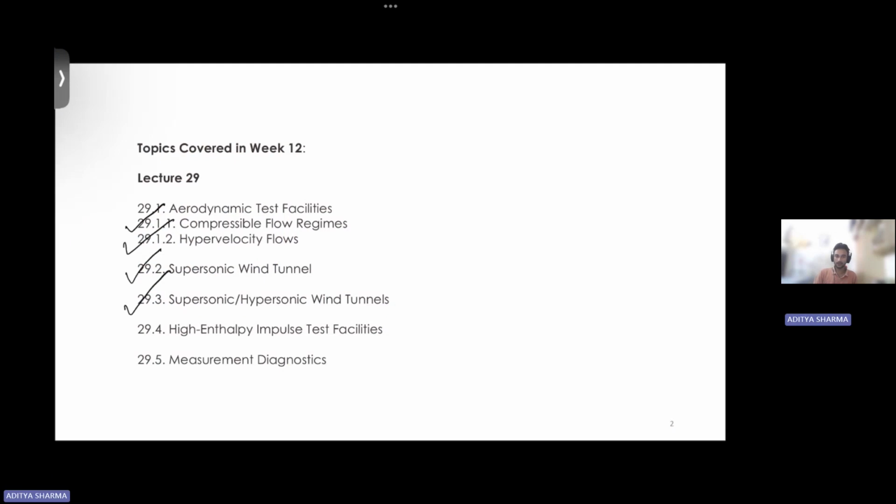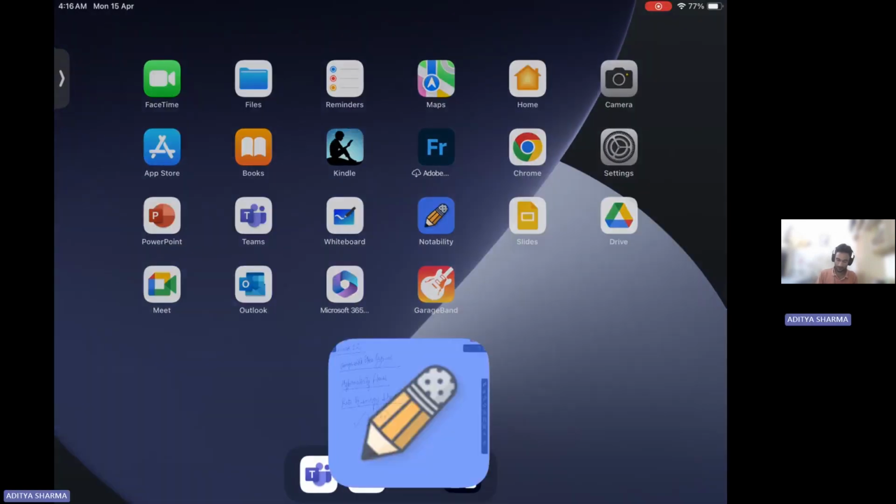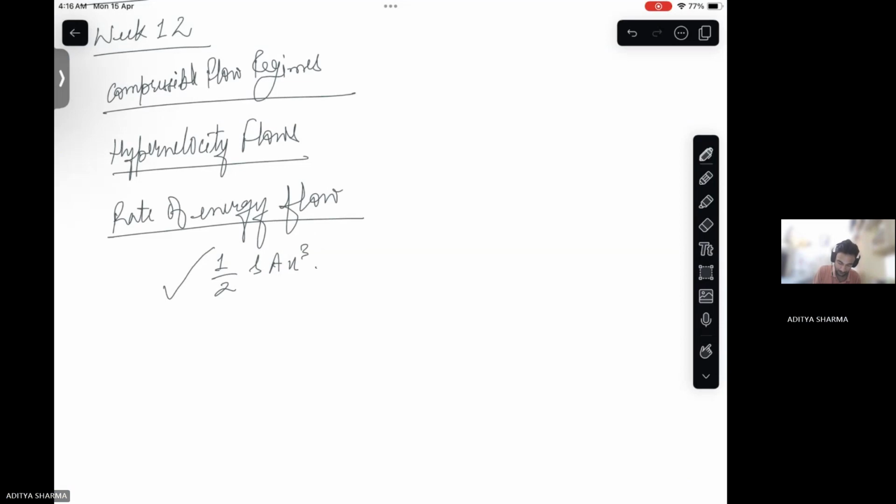After that, there is one more parameter, that is flow establishment time, right? So here L is the length of the slug in which we are simulating a flow, and U is, as with the previous case in the rate of energy flow, the velocity of that.